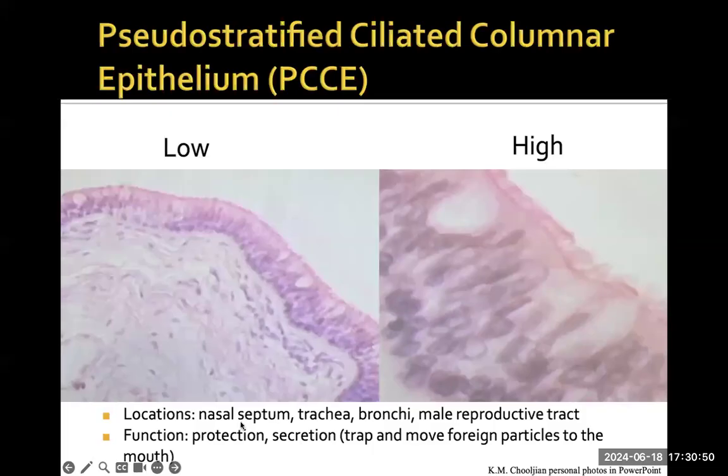PCCE is pseudostratified ciliated columnar epithelia, found in the nasal septum, the trachea, the bronchi, and the male reproductive tract. Because it's pretty thick in comparison with other types of tissue, one of the functions is protection, and also secretion, because it releases mucus to help trap foreign particles in that thick mucus layer.